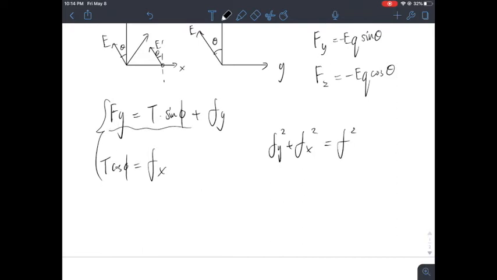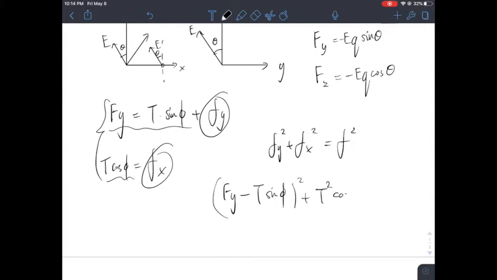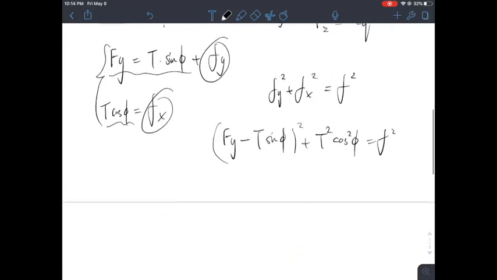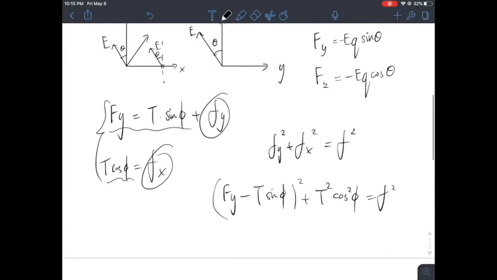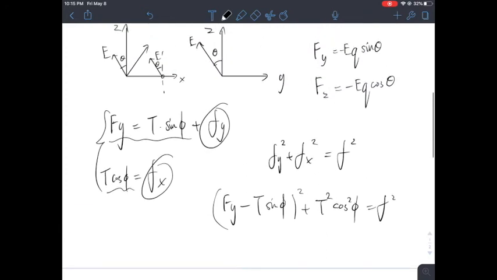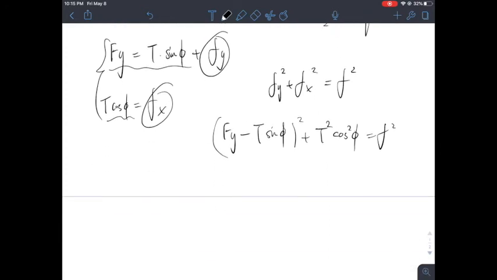Then by the Pythagorean theorem, we can solve for f squared. Then we know the expressions for fx and fy. We can just use the Pythagorean theorem and our trigonometric identity to solve for x squared by plugging in the equivalent expressions for fy and fx.